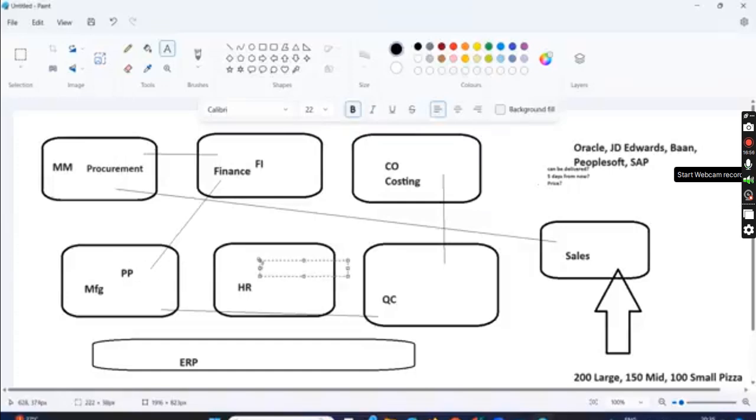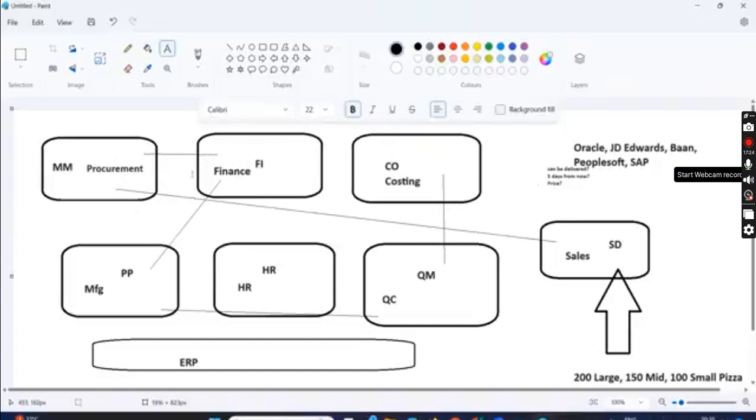The HR module remains HR only. QC is Quality Management, if I remember correctly. The sales module is known as Sales and Distribution, SD. Like that, there are other different modules available in SAP. These are most of the core functional modules. There are also some technical modules which are required for all the modules to perform properly.